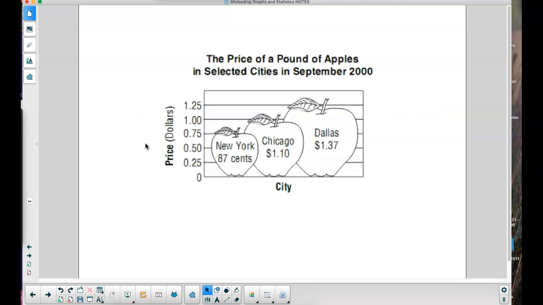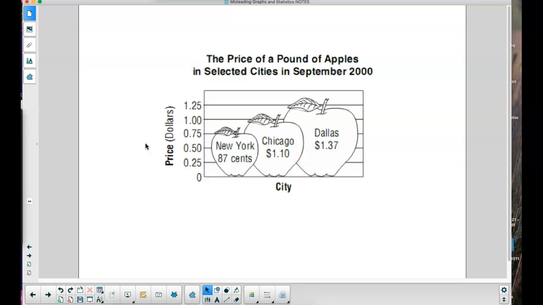Okay, look at this one. The price of a pound of apples in selected cities in September 2000. What do you think's wrong with this graph? You can look back at your notes for a reason why this is misleading. Brinley: The picture distorts the data.